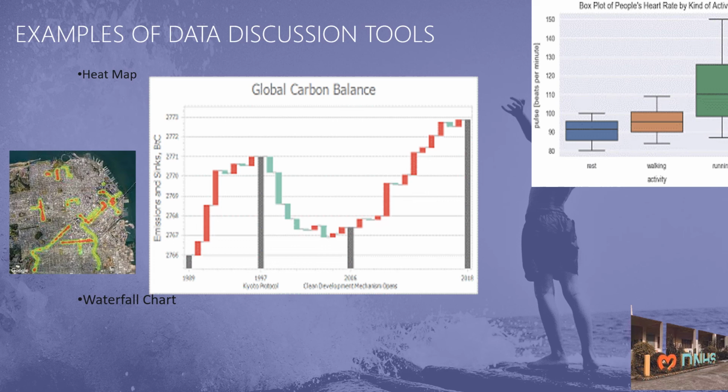Okay, and for this waterfall chart, so we get to see how this global carbon balance. Pag sinabi ining this is used for global carbon balance, which is a highfalutin type of issue, pero the same tool can be used for the simple issue, but which could be better rendered by this type of waterfall graph.